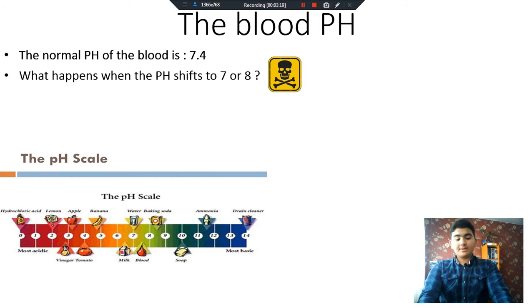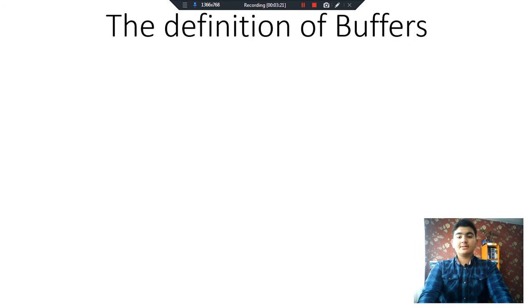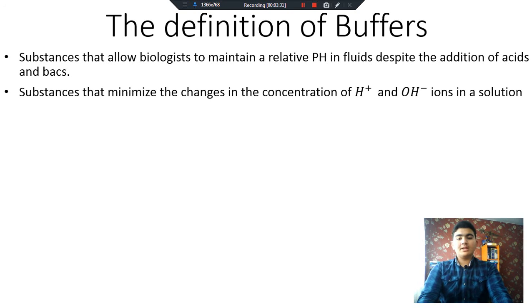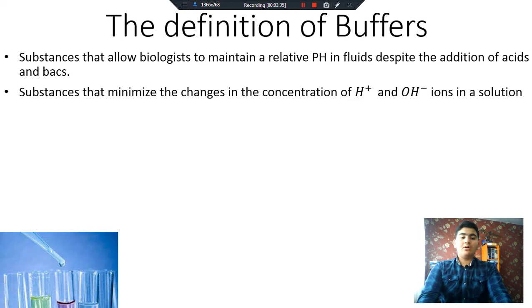So this phenomenon happens because of the presence of substances that are called buffers, okay, which allow biologists to maintain a relative pH in fluids despite the addition of acids and or bases.